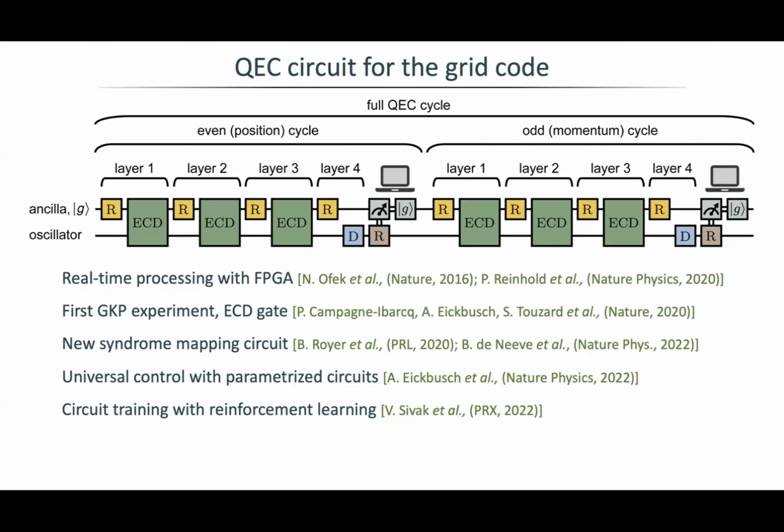This is some big unitary part that entangles the oscillator and the ancilla and maps this error information onto the ancilla. We represent it as a parametrized circuit with multiple layers. All these layers have the same structure, but different parameter values. Each layer has a rotation on the ancilla qubit and this entangling gate, which is called echoed conditional displacement.